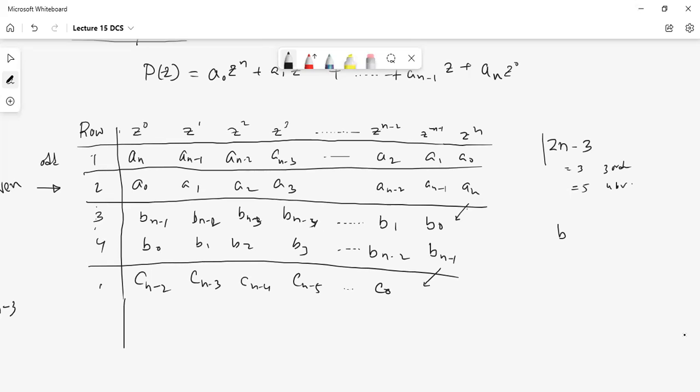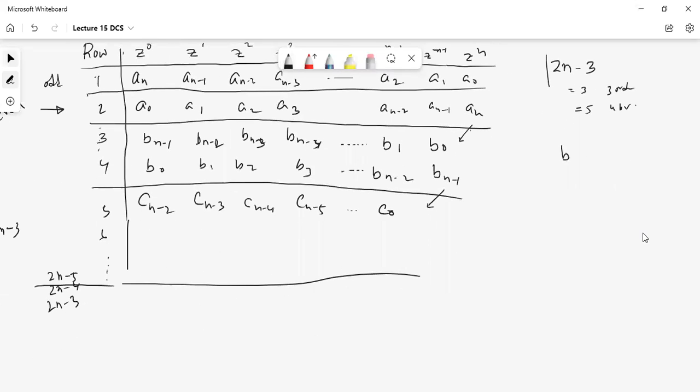And again, the sixth will be alternate. Eventually, the last one will be twice n minus 3, before that one twice n minus 4, and the previous one twice n minus 5.